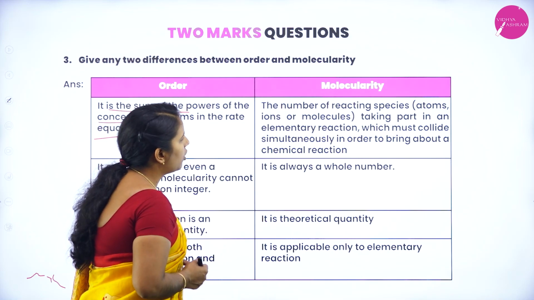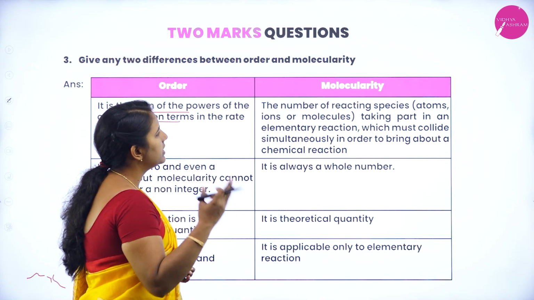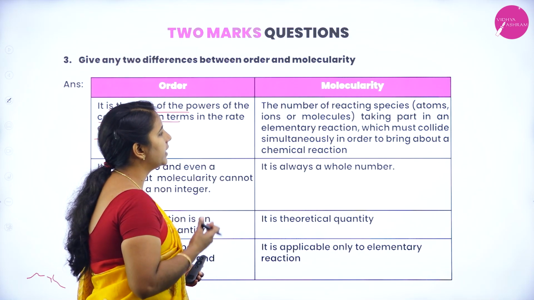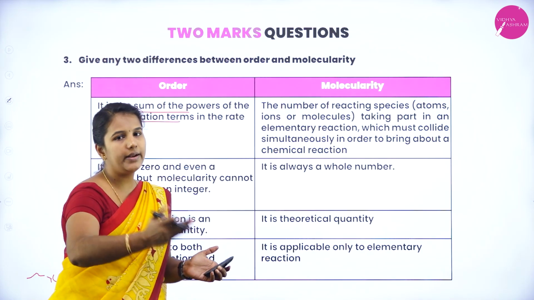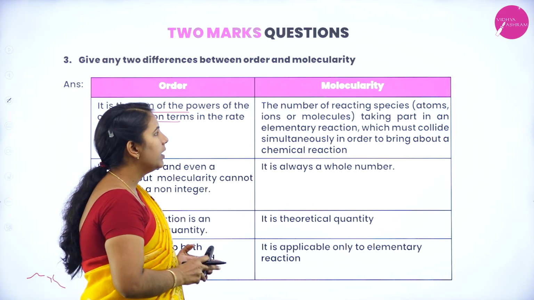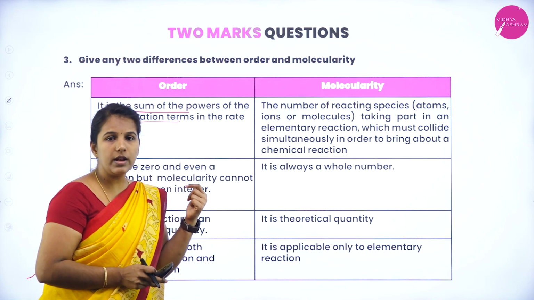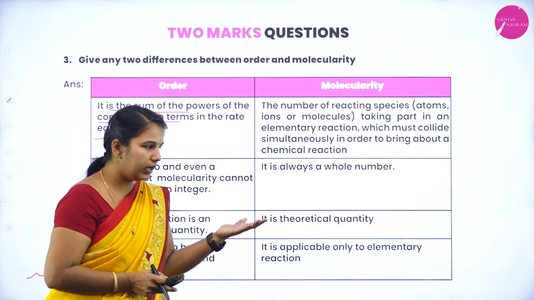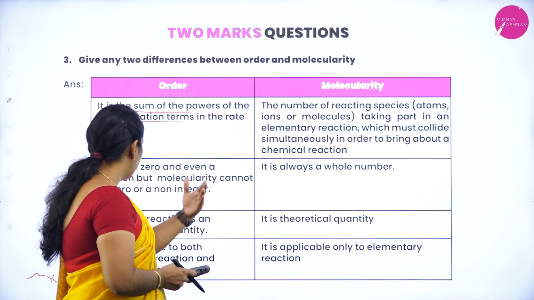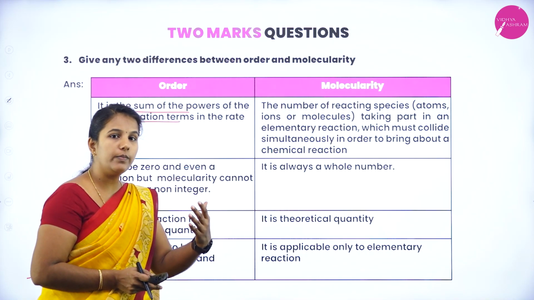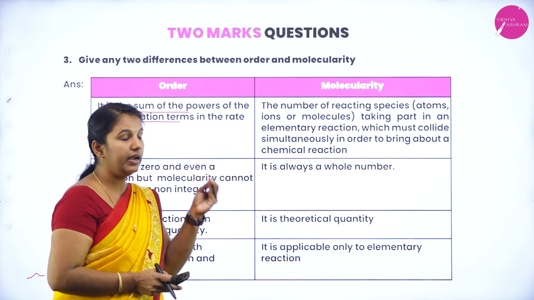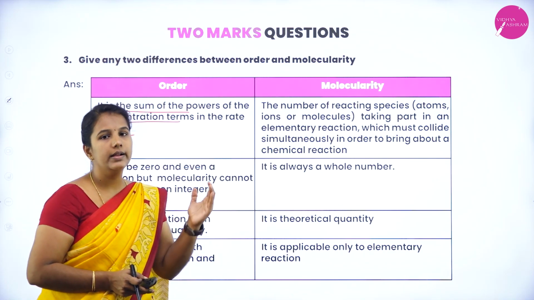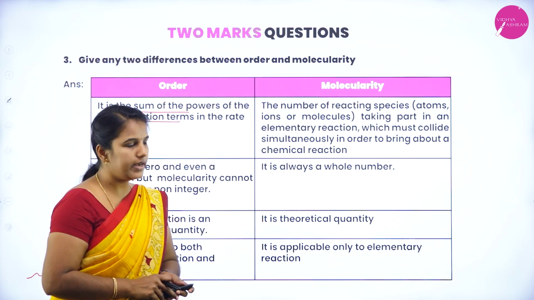Molecularity is defined as the number of reacting species taking part in the elementary reaction. Remember, order can be a fraction but molecularity should be a whole number, and order is experimentally determined but molecularity can be determined theoretically.